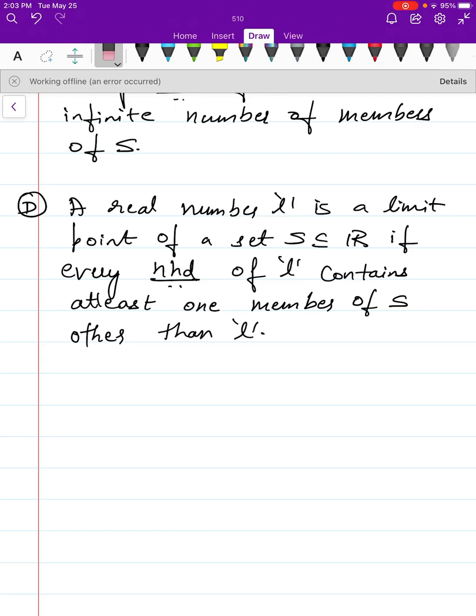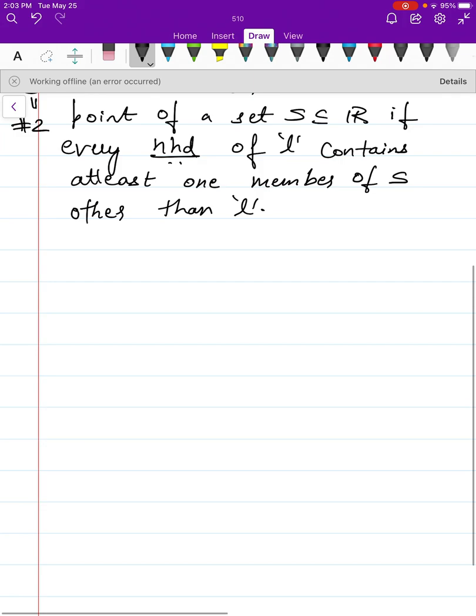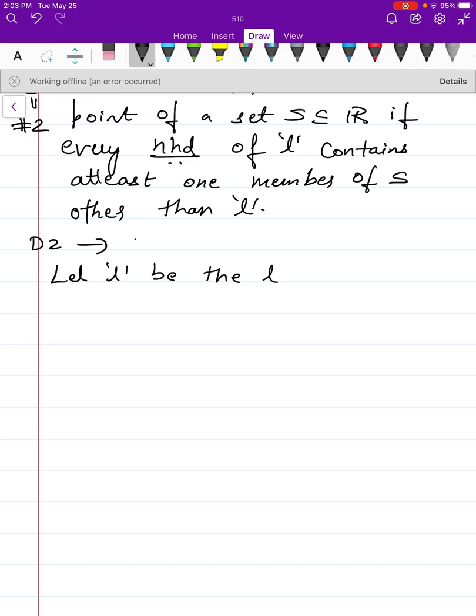So how does this second definition, which I will name number 2, imply number 1? Let us assume that definition 2 is true. We have to prove this will imply definition 1. Okay, let L be the limit point of a set S.